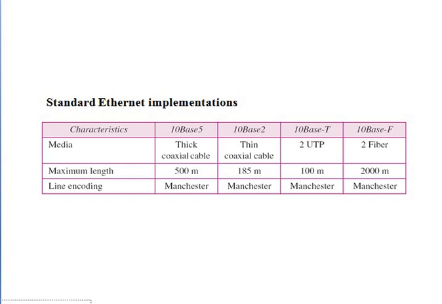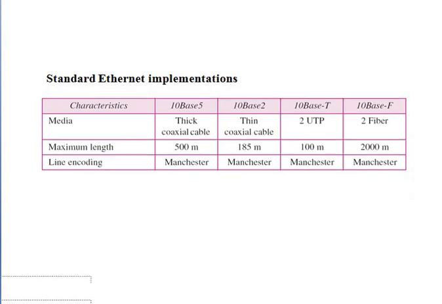The maximum length for 10Base5 is 500 meters, 10Base2 is 185 meters, 10BaseT is 100 meters, and 10BaseF is 2000 meters. For line coding, 10Base5, 10Base2, 10BaseT and 10BaseF all use Manchester. The line coding for all 4 cases is Manchester encoding.